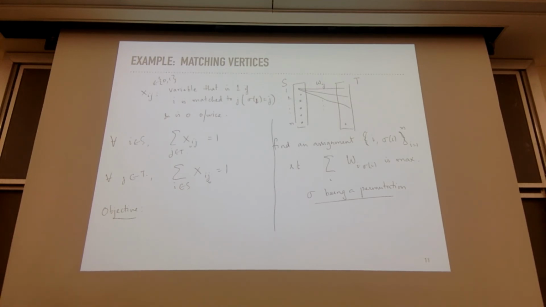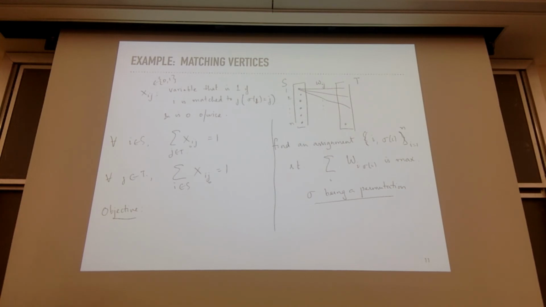Right. But you don't know sigma i. So how would you write that using these variables? We just need a new variable that captures the weight, because x i j just captures if there's a connection, but doesn't incorporate the weight. You want the objective to maximize the weight. Right.